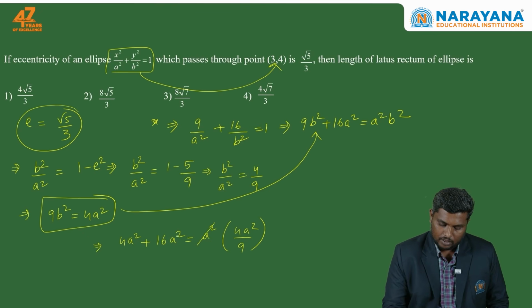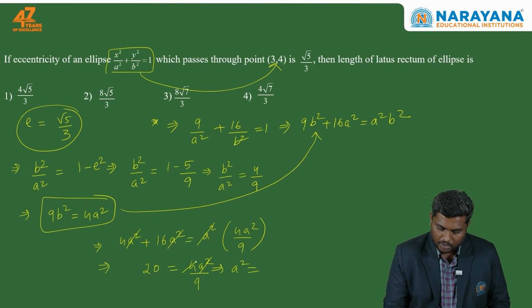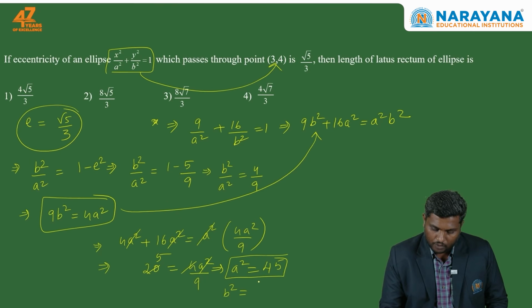So a square cancels out, 20 is equal to 4a square by 9. So a square will be equal to, you could see here 5 times a square is equal to 9 5s are 45, and based on this, if I substitute here, I'm going to get b square is equal to 4 into 45 by 9, which is again 20.